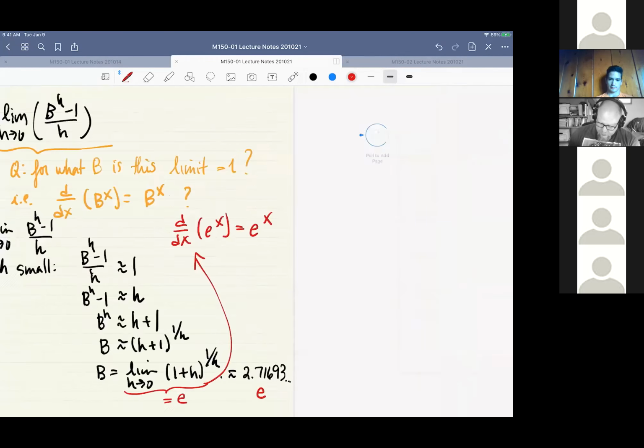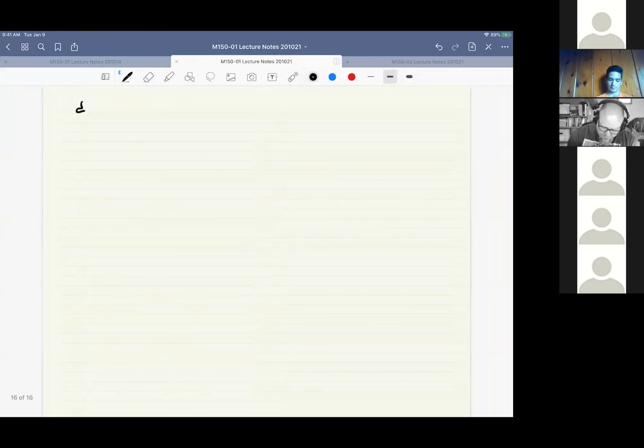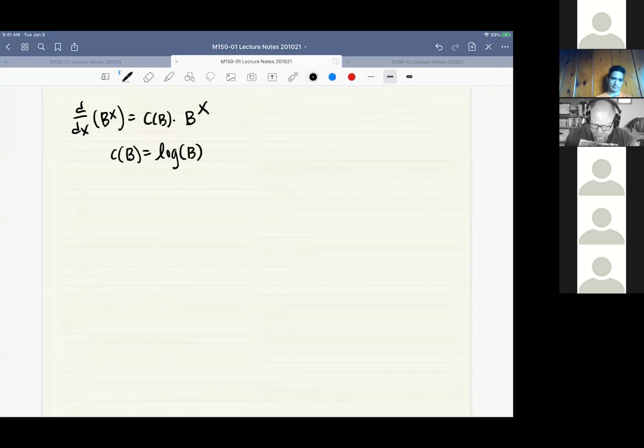And so we were messing around with this idea that we knew the derivative of b to the x was some function of b times b to the x. And if Alexia is right, that this is actually a logarithm, that would tell us that the derivative of b to the x equals log of b times b to the x.